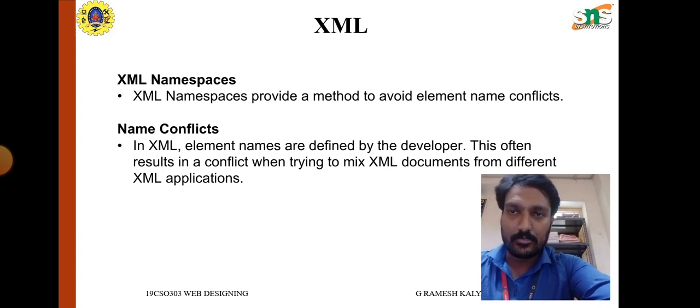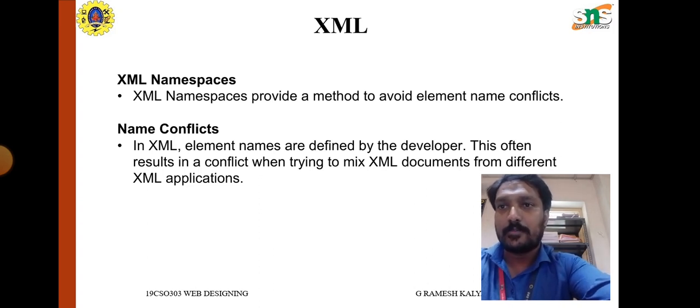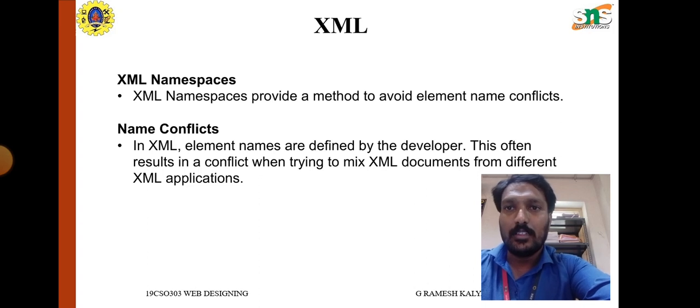We'll be seeing about the namespaces, what the differences in namespaces are, the conflicts that are faced in XML namespaces, and the methods to overcome these conflicts. Generally, XML namespaces provide a method to avoid element name conflicts. The main aim of XML namespaces is to avoid name conflicts.